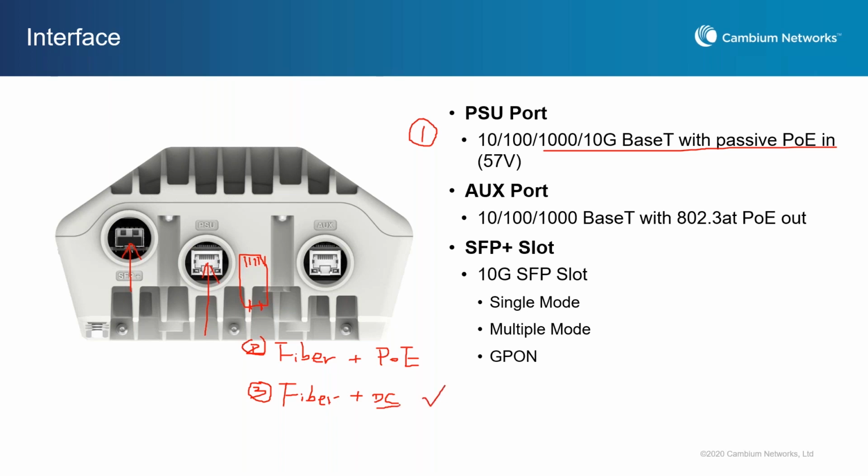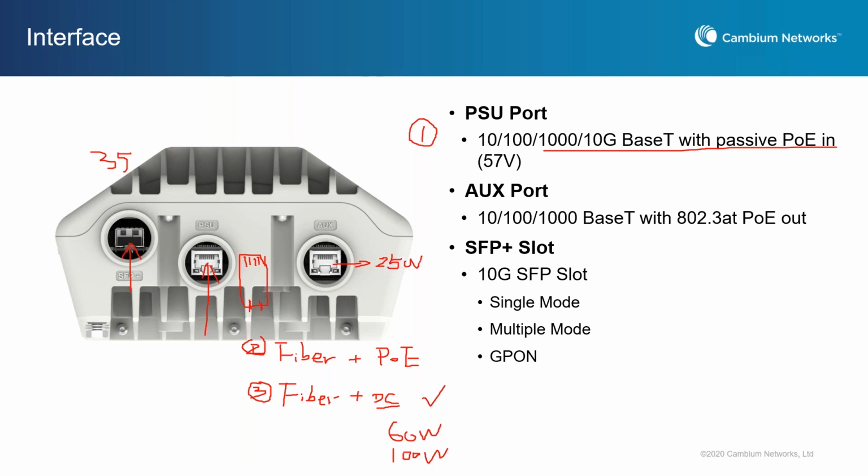When using DC, we also offer two different AC/DC power units. One is 60 watts, I think that's what your question was asking, and one is 100 watts. It really depends. The radio itself is 35 watts. But when you use the auxiliary port for PoE out, that is 25 watts of PoE out.